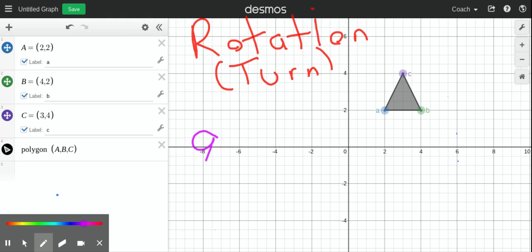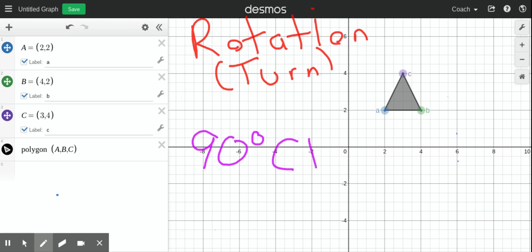If it says rotate around the x-axis 90 degrees clockwise, and we're going to abbreviate clockwise, it's going to look like this.